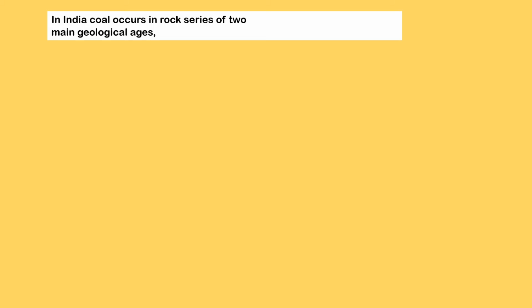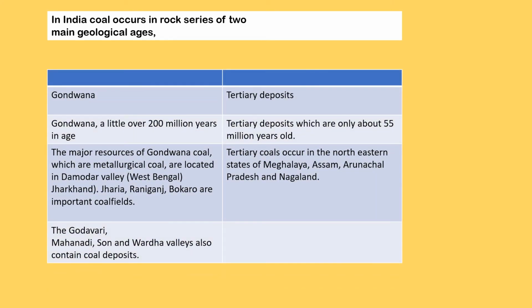In India, coal occurs in rock series of two main geological ages, Gondwana and tertiary deposits. Now let's learn about Gondwana first. Gondwana, a little over 200 million years in age, the main resource of Gondwana coal, which is metallurgical, is located in Damodar Valley, West Bengal, Jharkhand. Jharia, Raniganj, Bokaro are good examples.